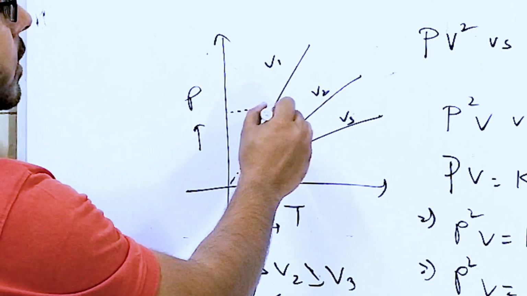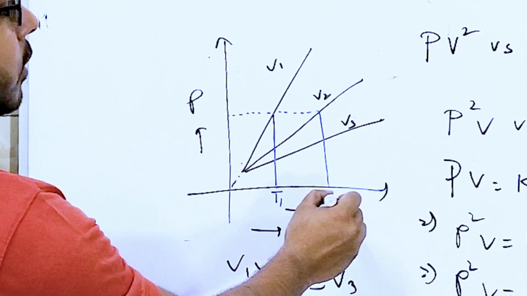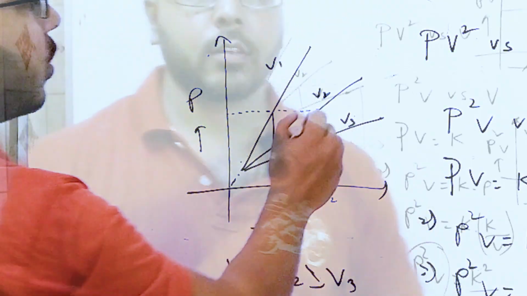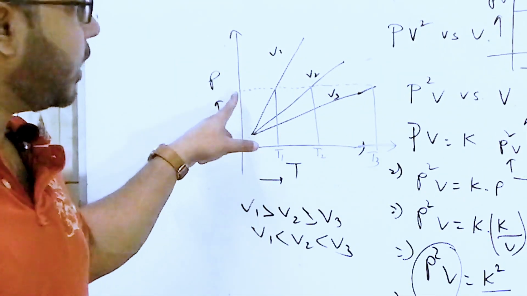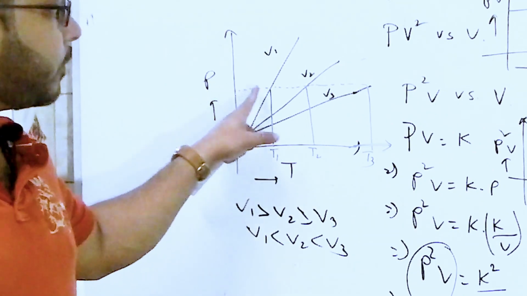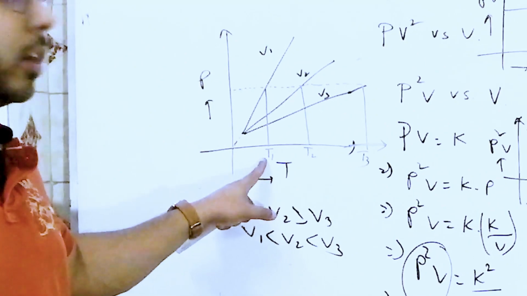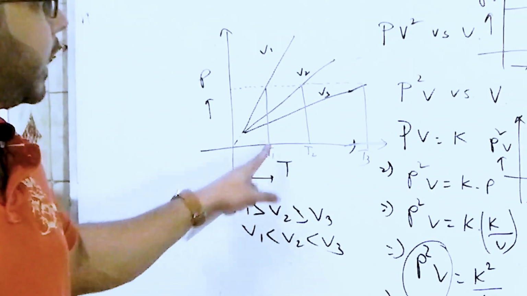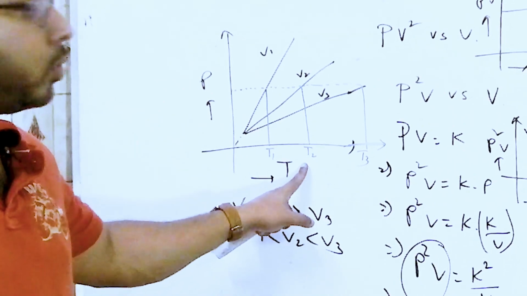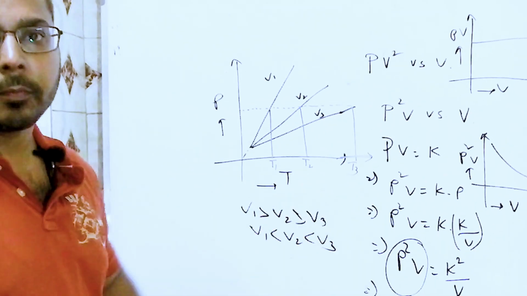Again, keeping constant pressure, the temperature corresponding to V2 will be T2. And again, keeping P constant, you extrapolate this line. Where it cuts here, the corresponding temperature will be T1. When it cuts this line, the corresponding temperature will be T2. And where it cuts this line, the corresponding temperature will be T3.